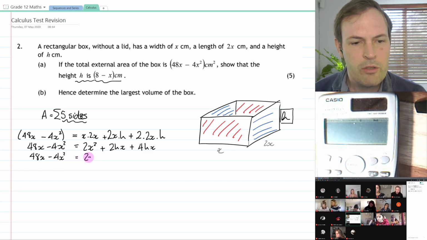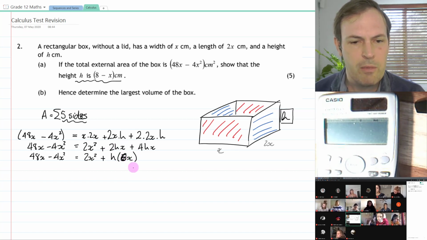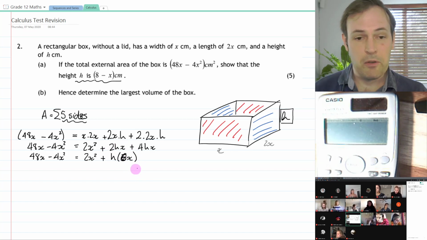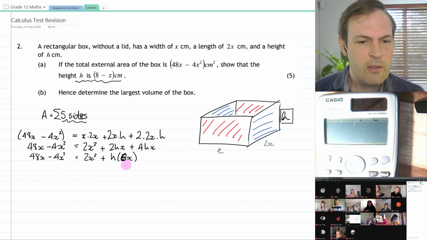That'll give me 2x squared, and if I take out a common factor of h, simply because I want to solve for h, I'll leave that as 2x plus 4x. That's going to give me 6x in the middle there. I could have added those like terms. And then we sort this out.